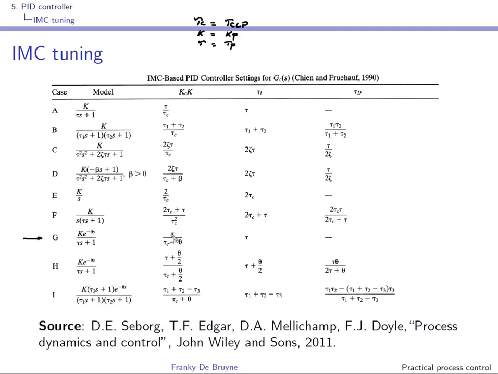So you have to take this value and divide by the gain of the process to obtain the gain of the controller. And of course, if you take this line over here, the procedure is exactly the same, but you'll now also have a derivative time constant, so this will lead to a PID controller.